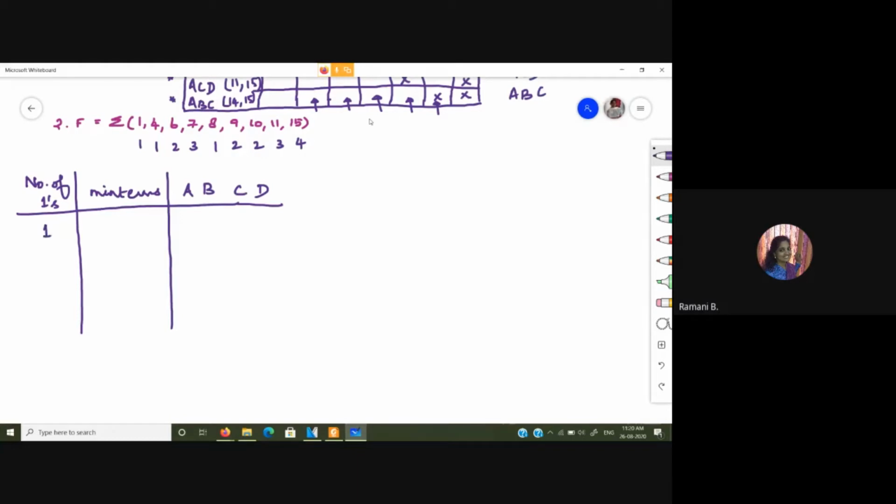So first itself we have 1. So for that particular thing we have 1, 4 and 8. So minterm 1, 0 0 0 1. For minterm 4, 0 1 0 0, and minterm 8, 1 0 0 0.